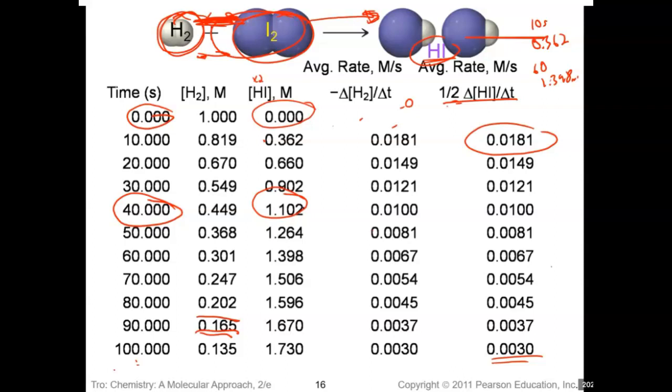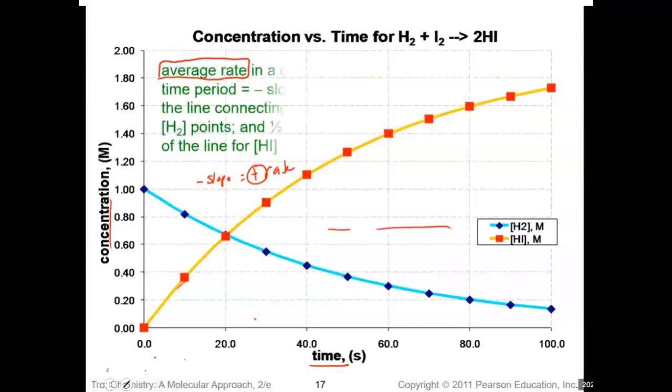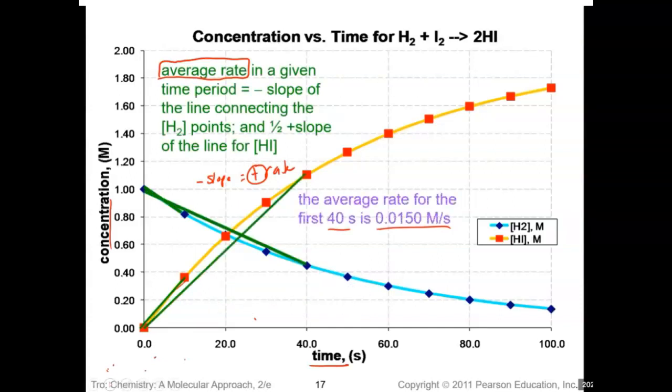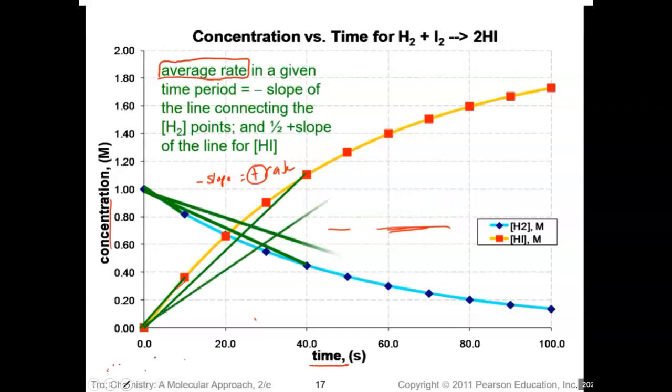So let's just do H2 because it's easier. We'd have 0.449 minus 1 over 40, and then the positive of it. 1 minus 0.449 divided by 40. So I got the same exact number, 0.015 about, which is much different than our other numbers. So it's not as accurate. You can still do it though.